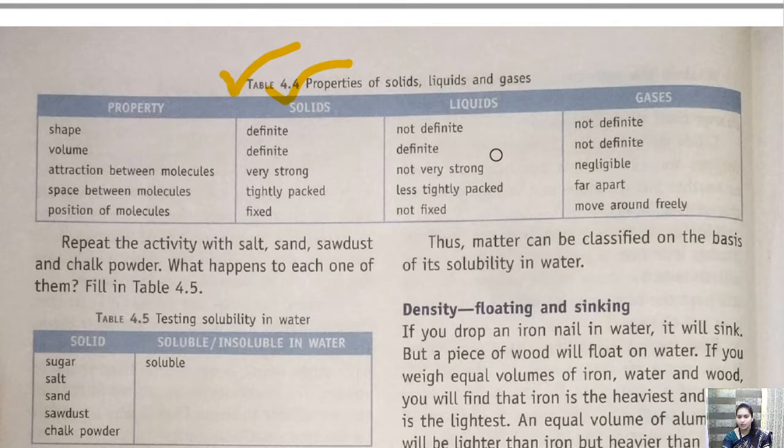Liquid, not very strong. Gases, negligible. So you can see slowly and gradually things are becoming negligible. Now spaces between the molecules: tightly packed, less tightly packed, far apart. Position of molecules: fixed, not fixed, move around freely. So these are the important points.